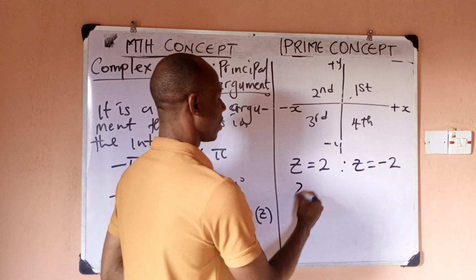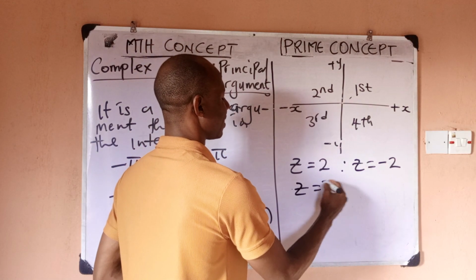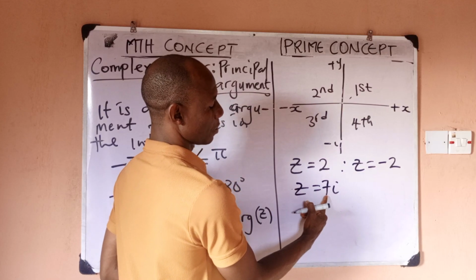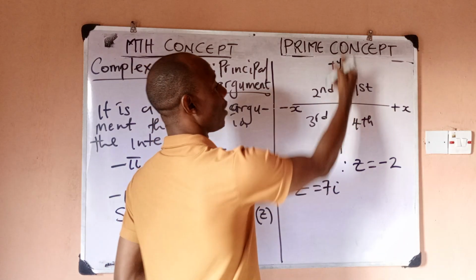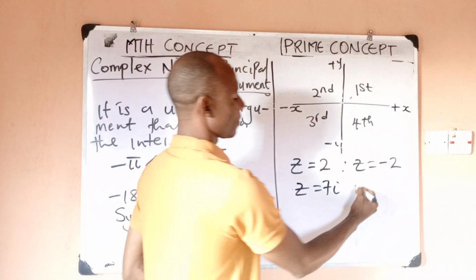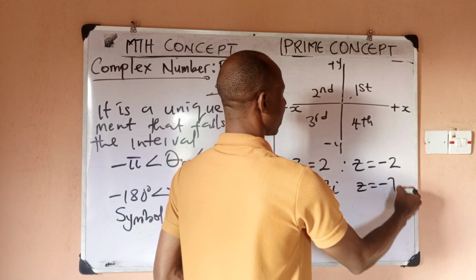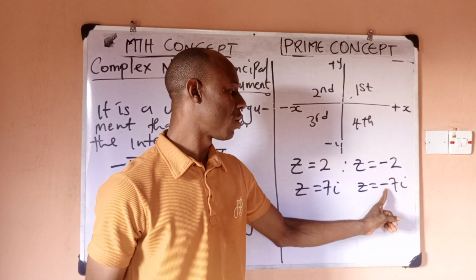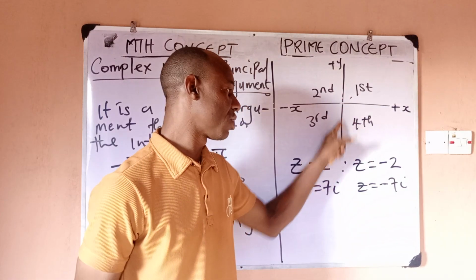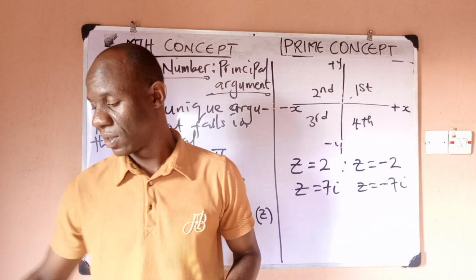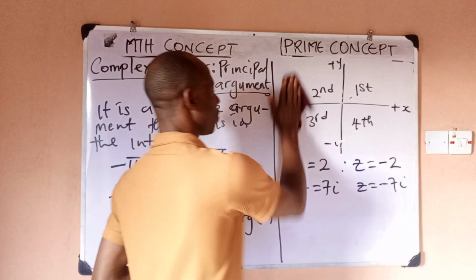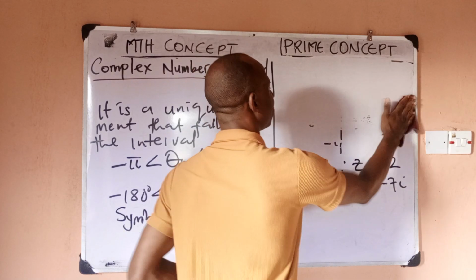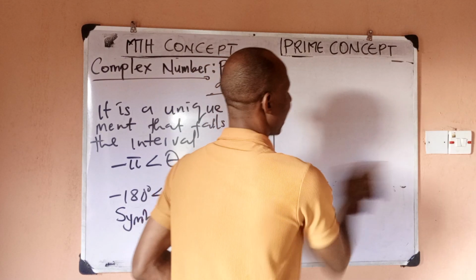Same way you can have purely imaginary. This is, let's say, 7i. This is positive y, so it lies along the positive y-axis. You have z equals negative 7i. This is purely imaginary also, but along the negative y-axis, so it will lie along the axis. So these are things I want you to know so that we can describe the principal argument.